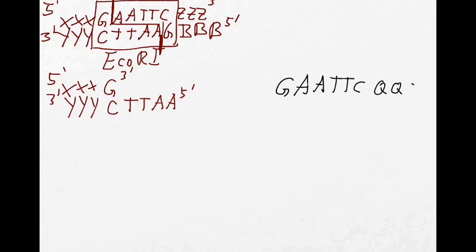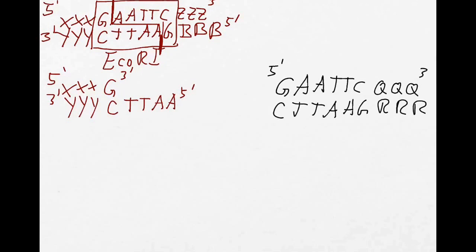Q, Q, Q, additional residues. The complement here, we have C, T, T, A, G, and let's say R, R, R here. That's our 5' orientation, 3', 3', 5' here. And now our enzyme, we said, cuts differently. It cuts between the two A's. So we get a fragment like this.